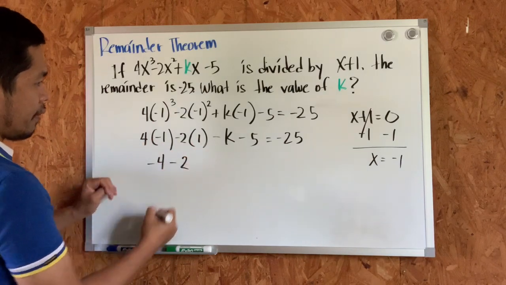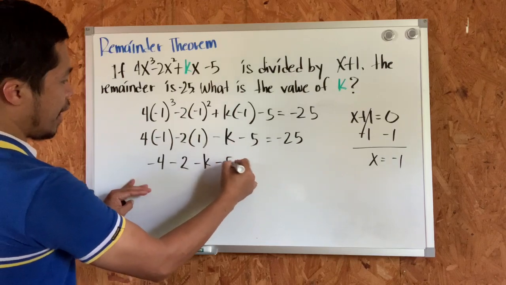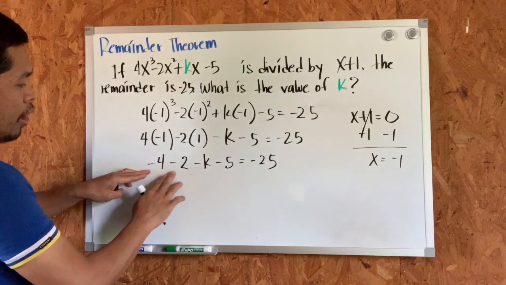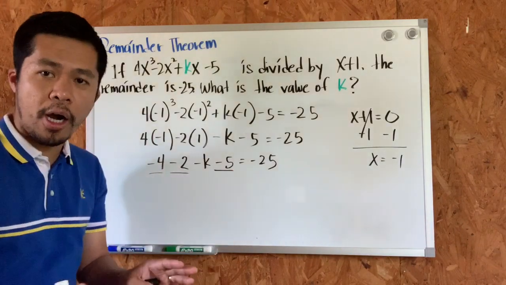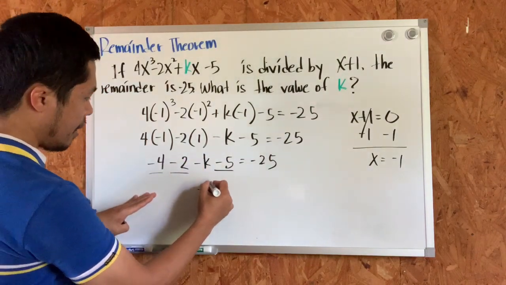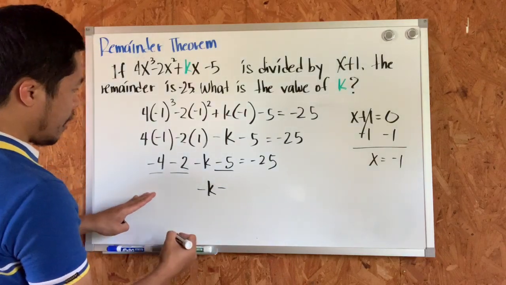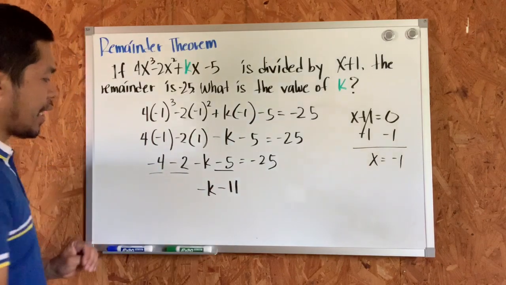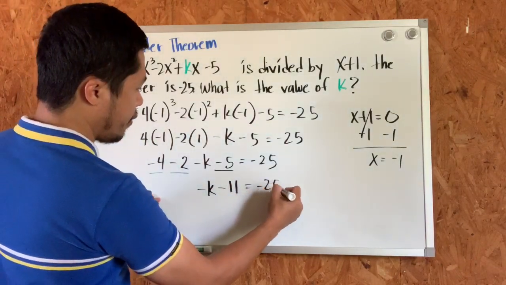That is equal to negative 2 minus k minus 5 equals negative 25. 4, 2, and 5, all of those are negative. So we can add all of them, and 4, 2, and 5 is equal to 11. So that's negative 11 minus k equals negative 25.